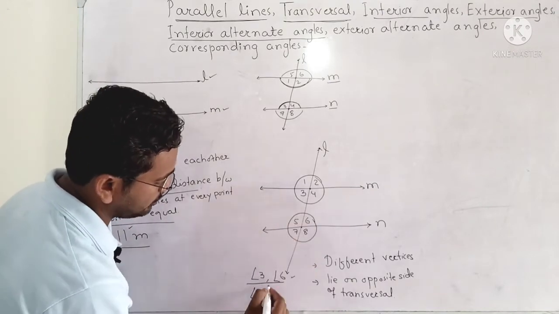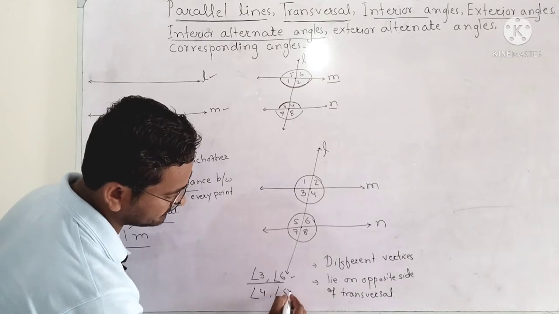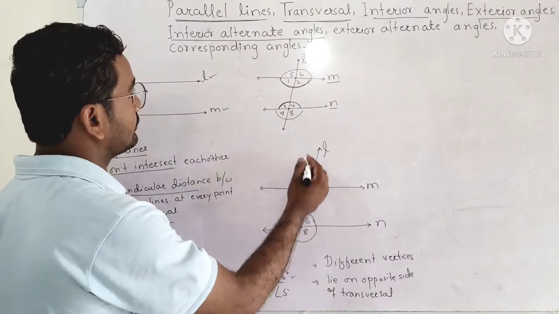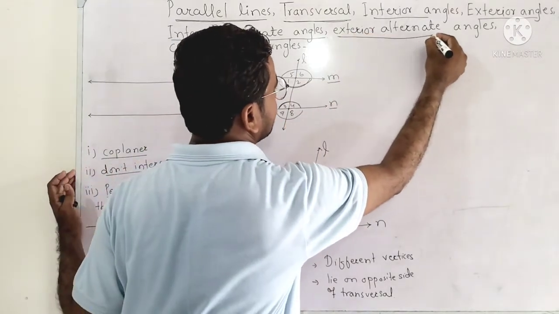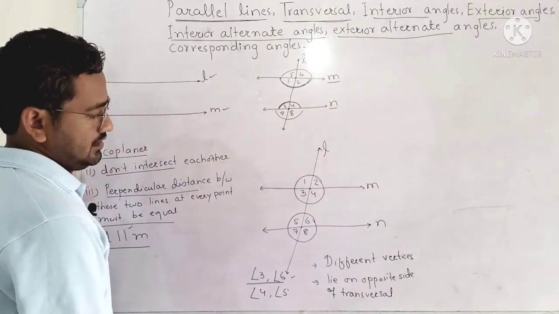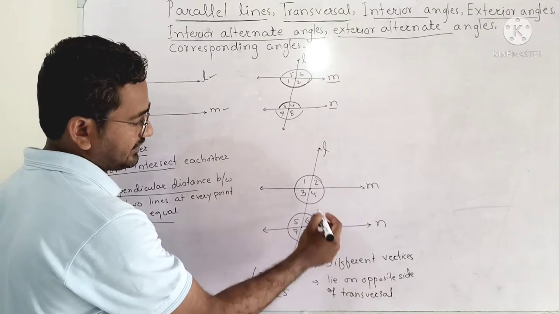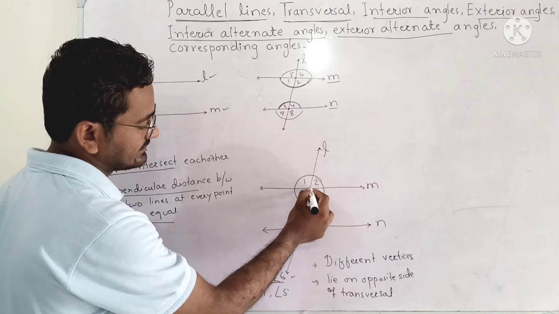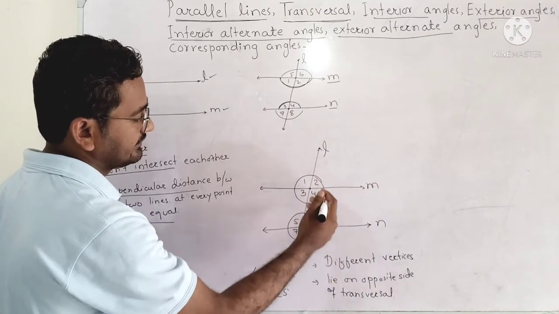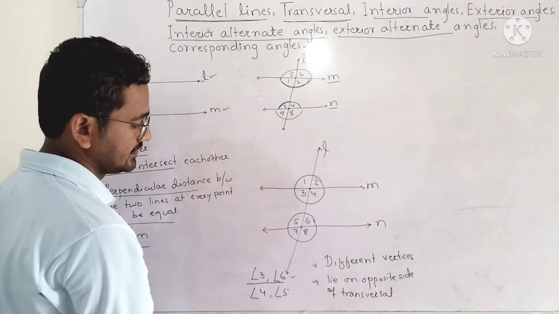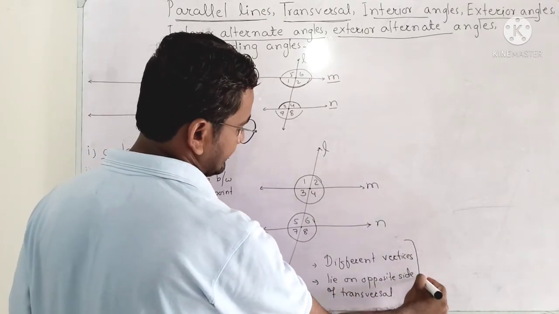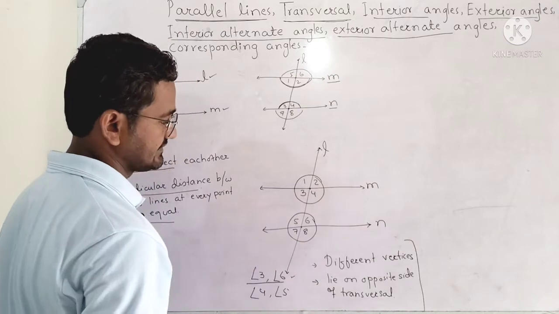Angle 4 and angle 5 are also interior alternate angles. Now come to the exterior alternate angles. In a similar way, they must have different vertices, but these angles lie outside of these parallel lines and on opposite sides of the transversal.